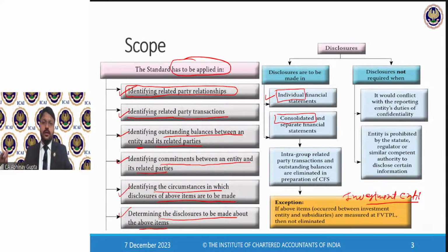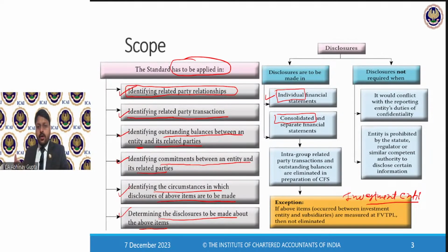They don't intend to govern or direct that company's operations, right? So these investment entities are exempt under Ind AS 110 from preparing the consolidated financial statements or consolidating these entities which they have acquired only for the purpose of investment.